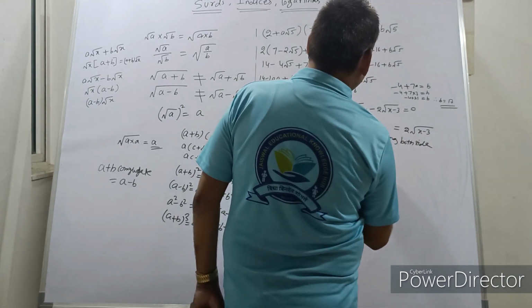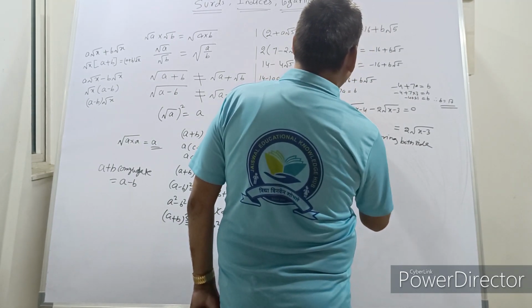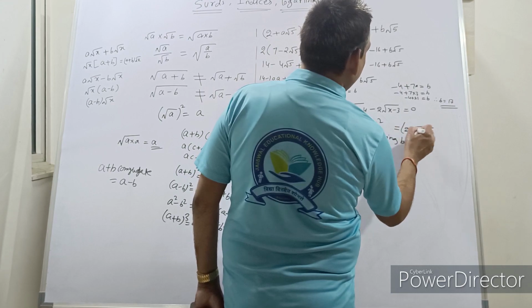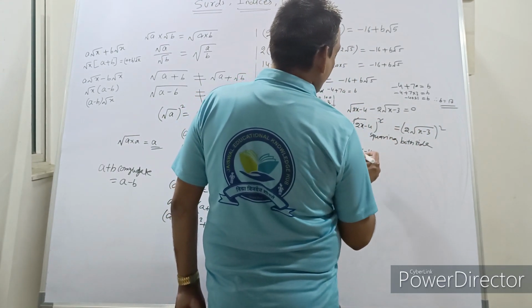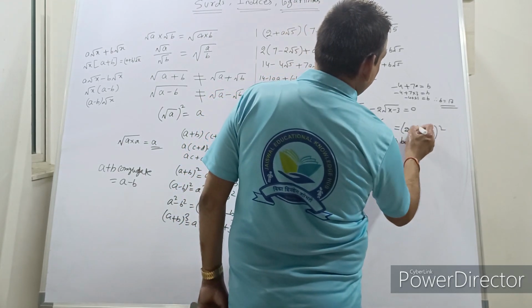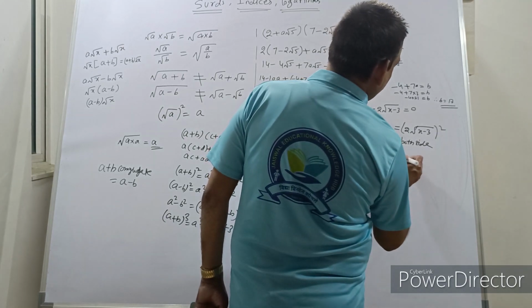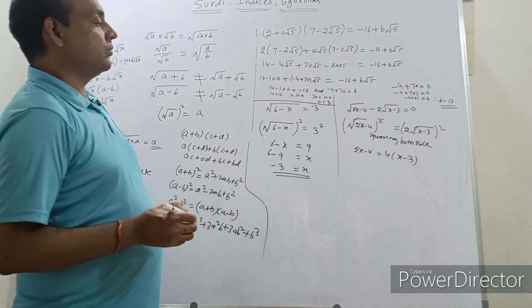So now this becomes 2x minus 4. The root and the square here get cancelled, right? So 2x minus 4 is equal to 2 square, 4, and the root and the square get cancelled, becomes x minus 3. Once we do the squaring on both sides, it becomes more simple.